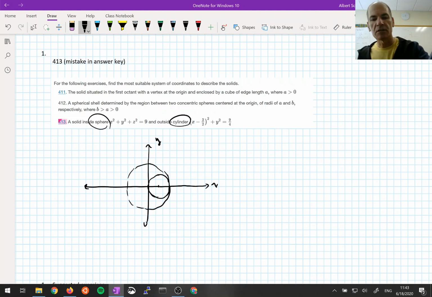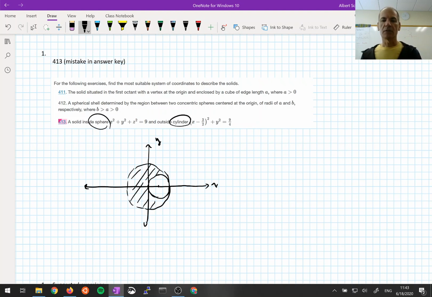And you're being asked to describe the part of the sphere that lies outside of the cylinder. These are the kinds of complicated surfaces that we're going to be working with later in the semester. We're going to be doing integration on surfaces like this and volumes like this.